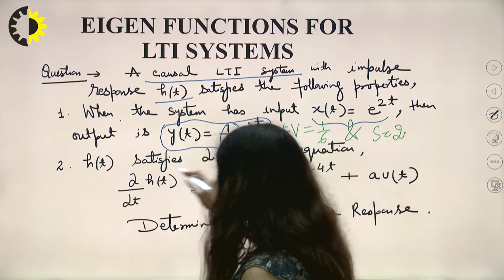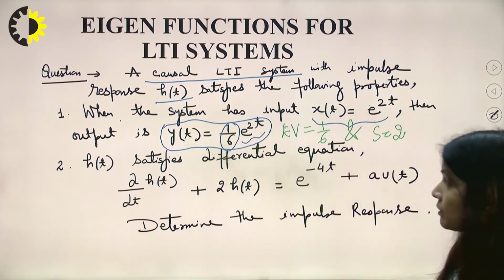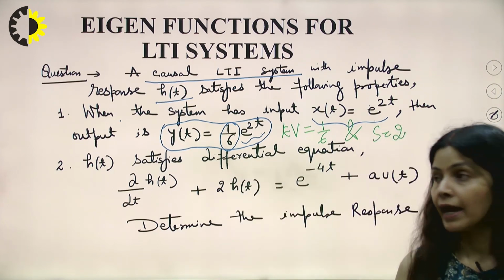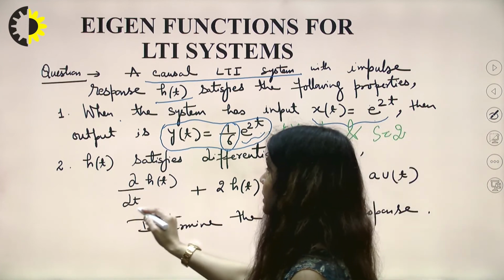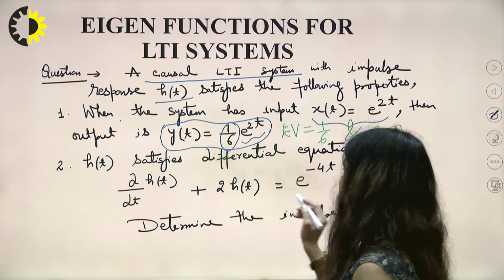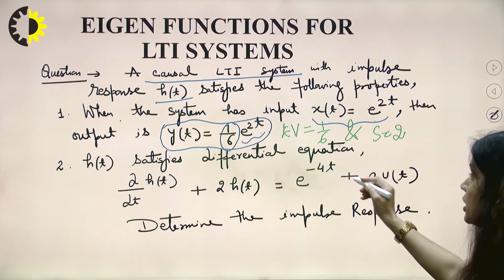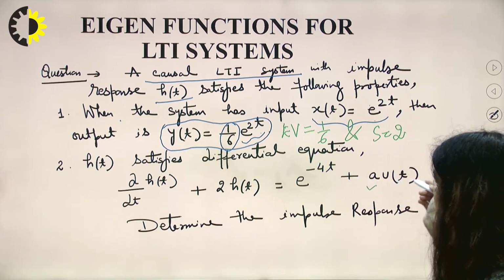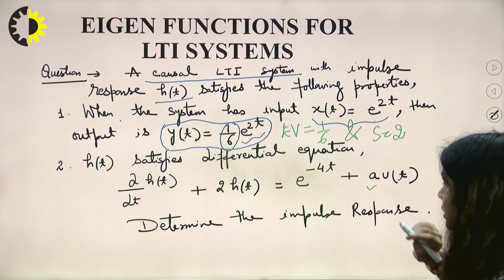Now let us see the second property. The system satisfies the differential equation d by dt h(t) plus 2h(t) is equal to e raised to the power minus 4t plus a, some constant whose value is not given here, u(t).